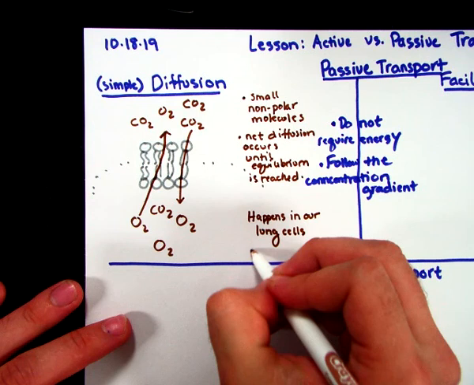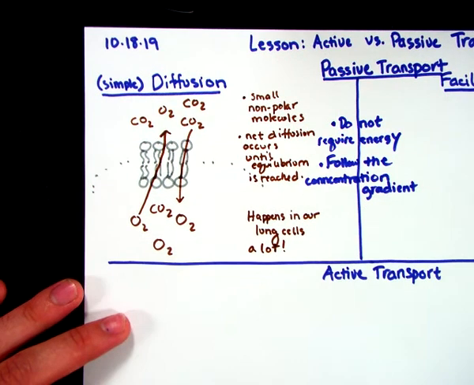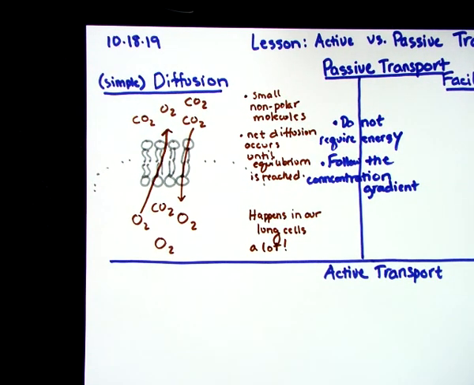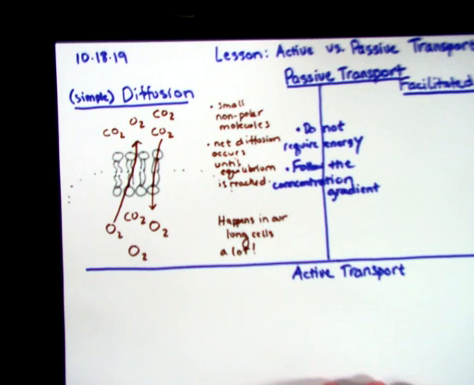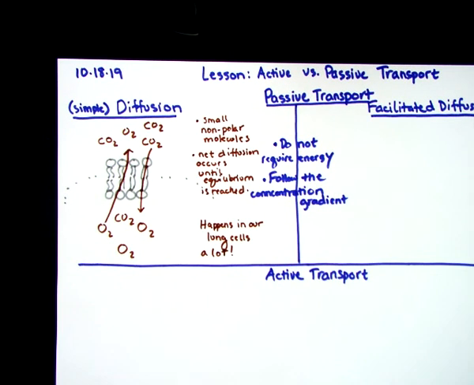This is the whole basis of when we take a breath. The simple diffusions are happening. This is happening in all of our cells, though, as cellular respiration is taking place, but to highlight, it happens in our lung cells a lot.